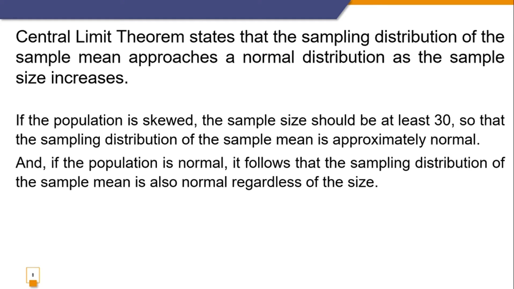And if the population is normal, of course, it follows that the sampling distribution of the sample mean is also normal regardless of the size. So, kahit hindi 30 and above yung sample size niya, as long as normal yung population, it follows that the sampling distribution of the sample mean is also normal.